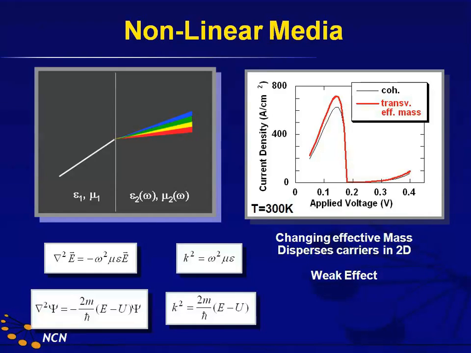You can see that in the equivalence of the wave equations here: on the top the Helmholtz equation for the electric field, and on the bottom the Schrödinger equation. The momentum in the optical realm is proportional to the dielectric constant, and the momentum in the Schrödinger equation is proportional to the effective mass. So if the effective masses vary as a function of material and frequency, it's similar to having the dielectric constants vary in the optical realm.